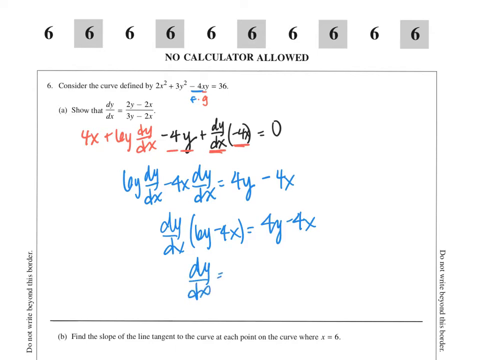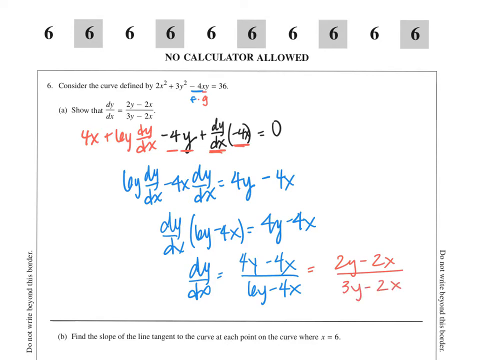Therefore, when I get dy/dx by itself by dividing, I have 4y minus 4x all over 6y minus 4x. Everything can have a 2 factored out of it: 4y becomes 2y, 4x becomes 2x, 6y becomes 3y, 4x becomes 2x.